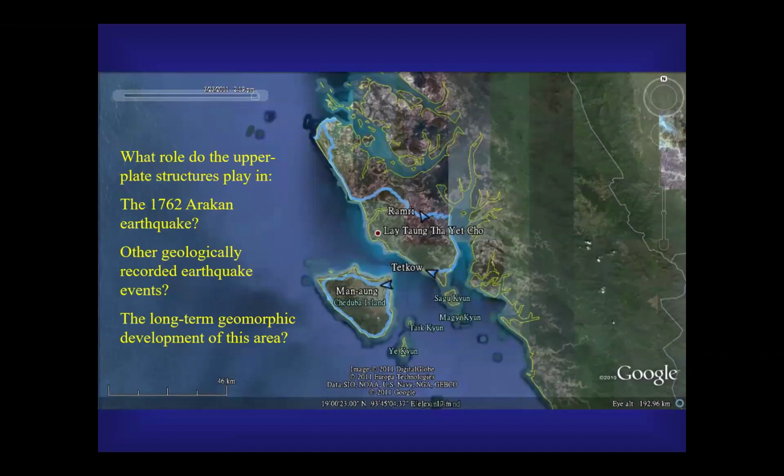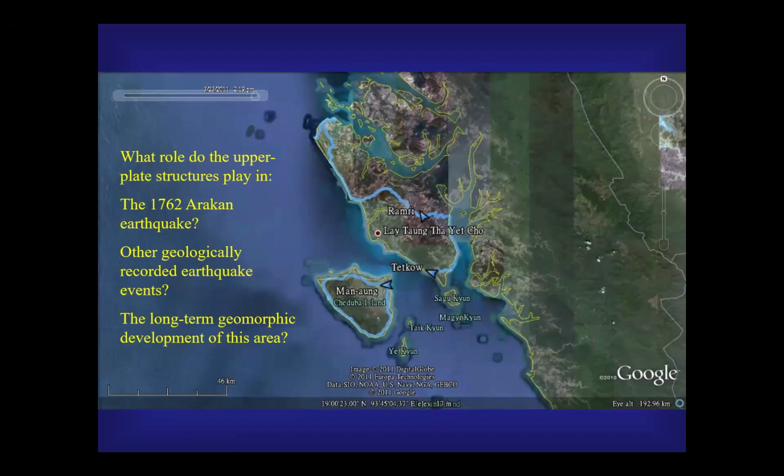Second, are there any other geologically recorded earthquake events, and are the upper plate structures important? And third, do these upper plate structures have something to do with the long-term geomorphic development of this area?